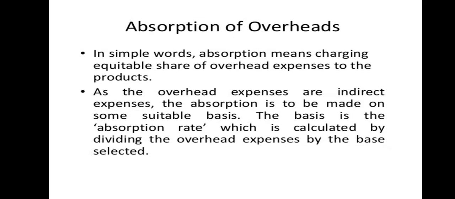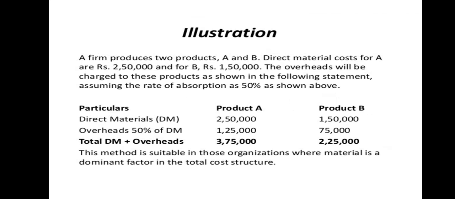So whatever base we have selected, we need to divide the expenses on that rate, so that will come to an accurate expense. So students, we have a problem regarding absorption of overheads, just check over on this.